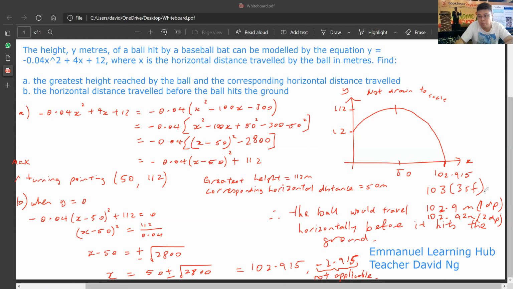So it depends on your exam requirement. Because every exam, they'll write the instruction clearly at the front page. So assume it's 3 SF.